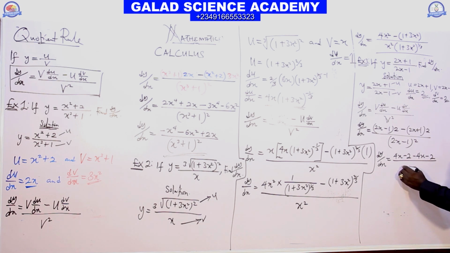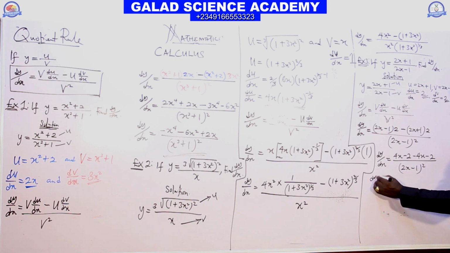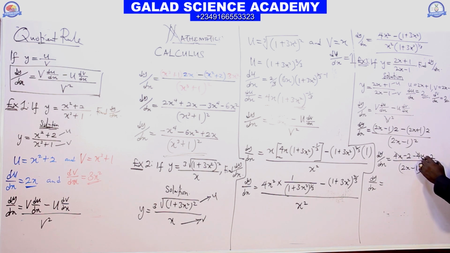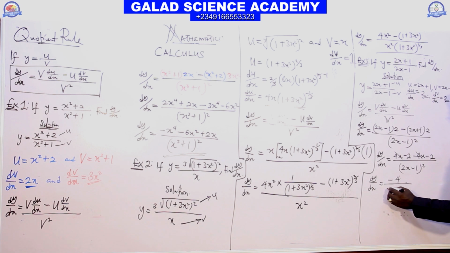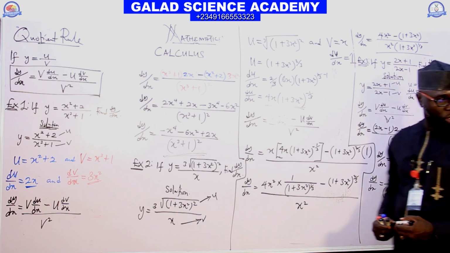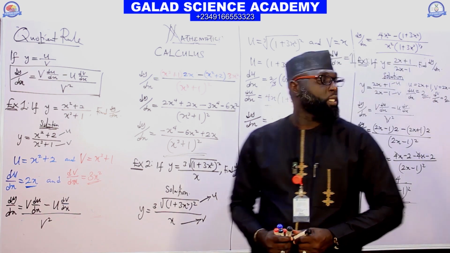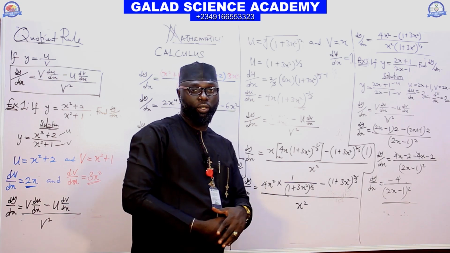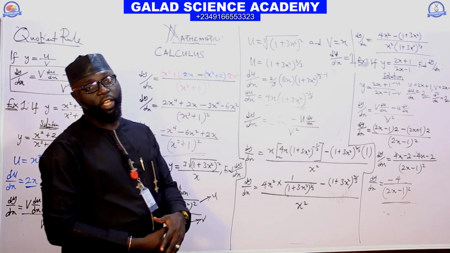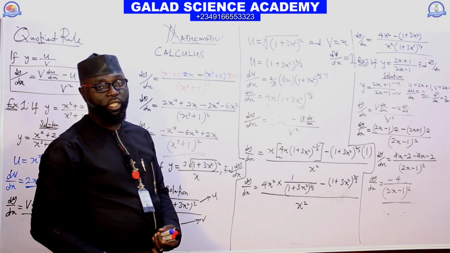Yes, over 2x minus 1, everything squared. The dy/dx is equal to, this cancels each other, we have minus 4 over 2x minus 1 squared. So that is all about differentiation by the quotient rule.